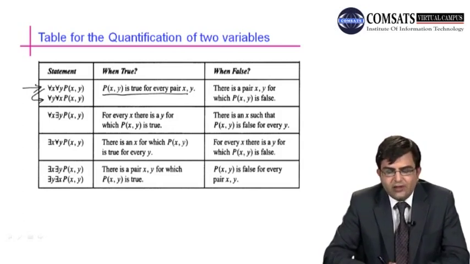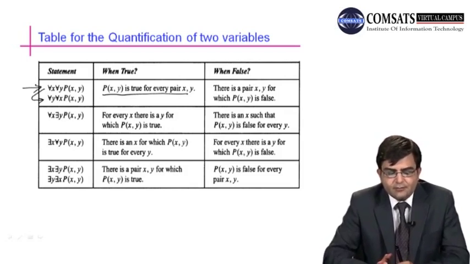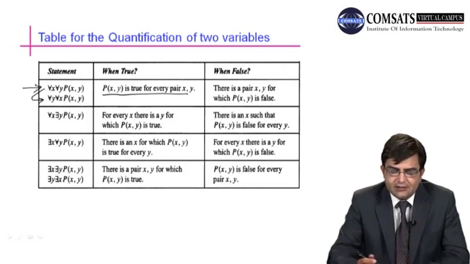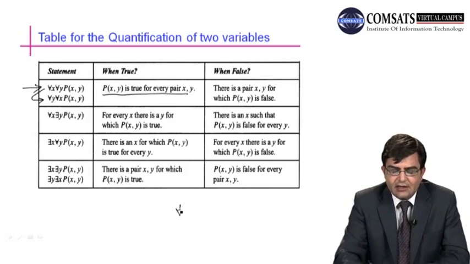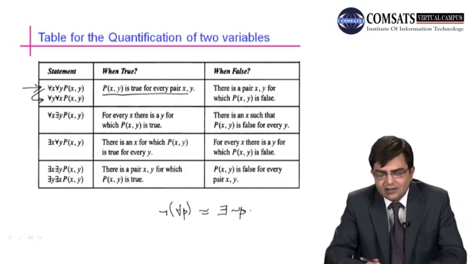Now when this statement will be false, first, what is the negation of universal quantifier? The negation of universal quantifier which is applied to some proposition is basically equivalent to the existential of the negation of that proposition, as we have seen earlier.